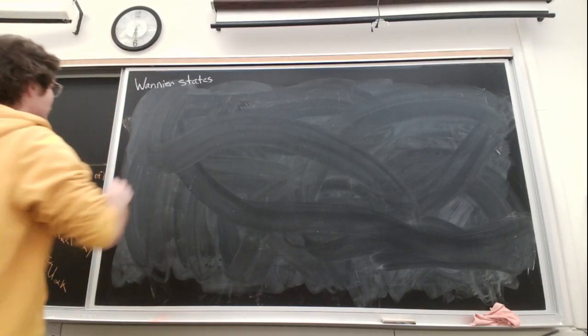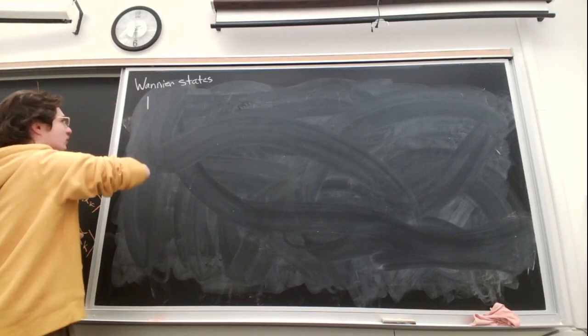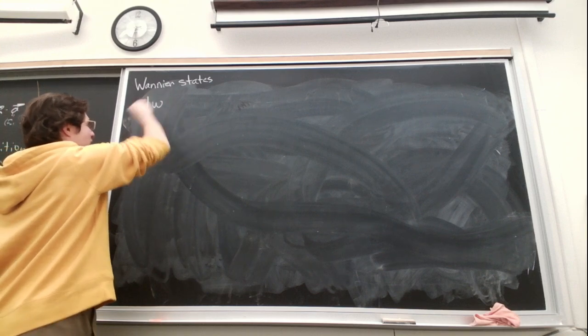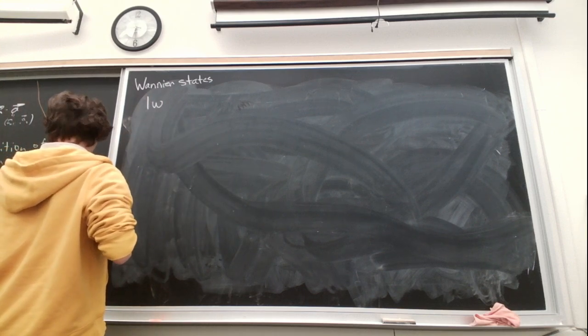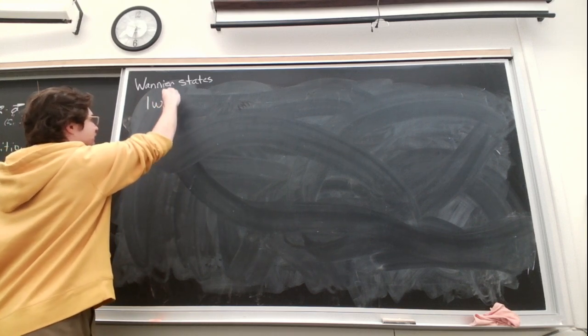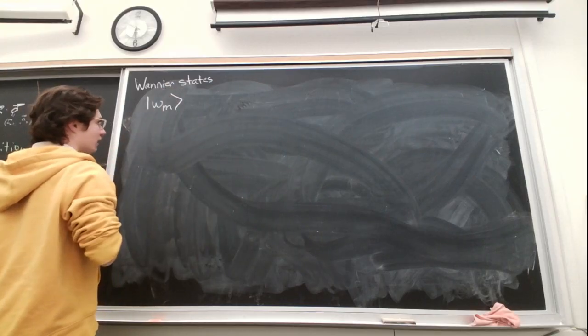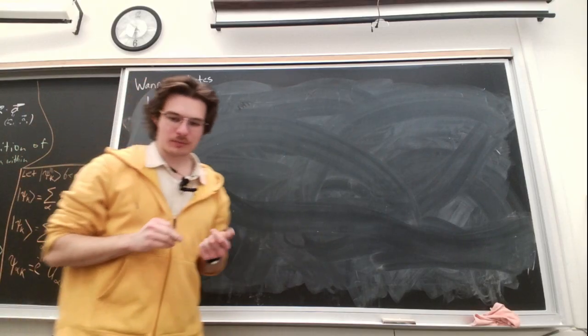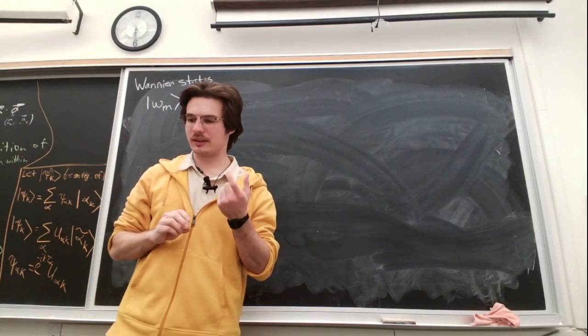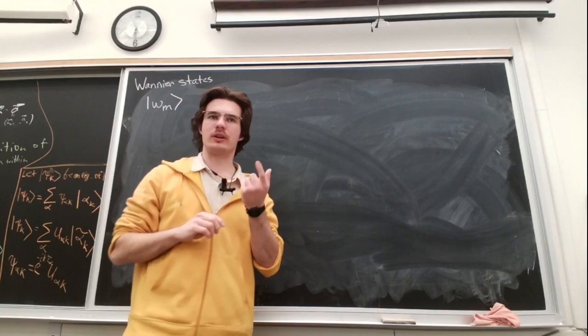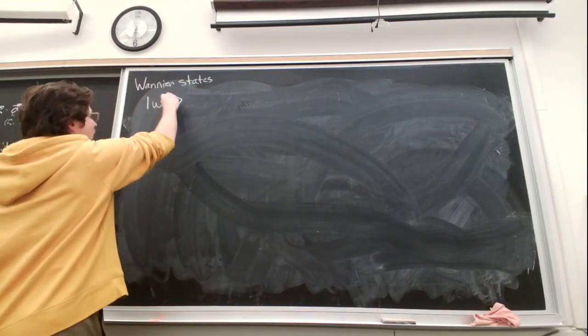What do we do? So these are now going to be denoted with W_m, because if I'm doing a Fourier transform, I need to give an x coordinate now.